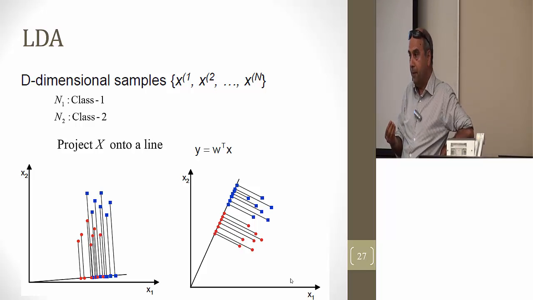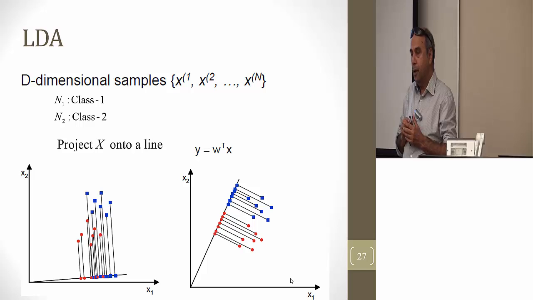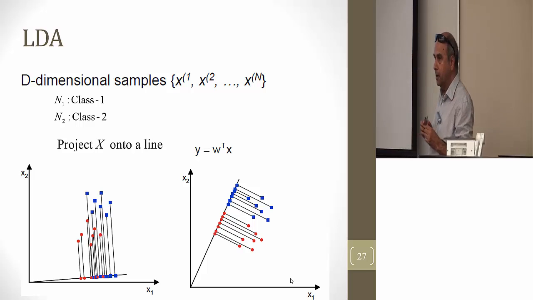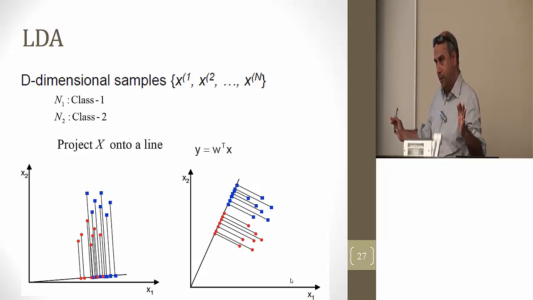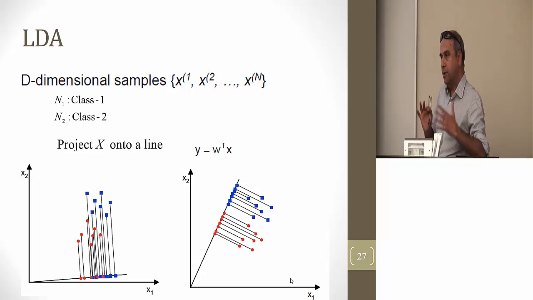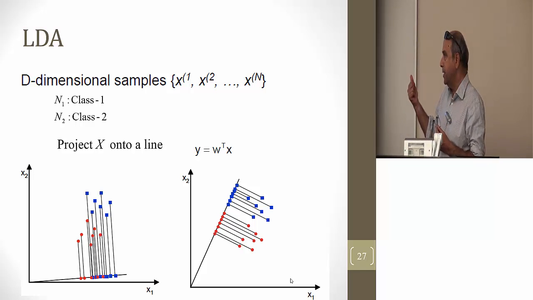So we are using all the information and all the samples with LDA. In SVM, even though we use all the information to find the boundary, the hyperplane or the margin, once we have found that, we forget about everything else. So philosophically they are very different approaches, and this one is linear.